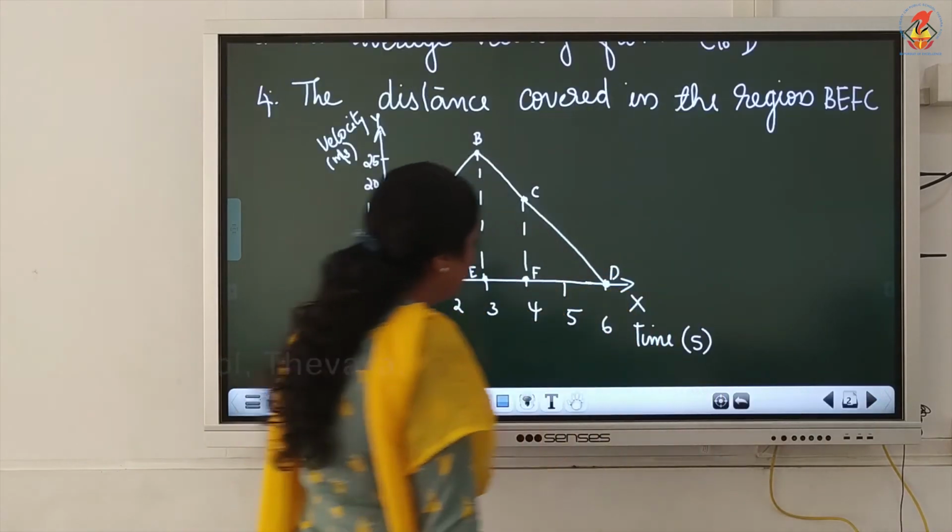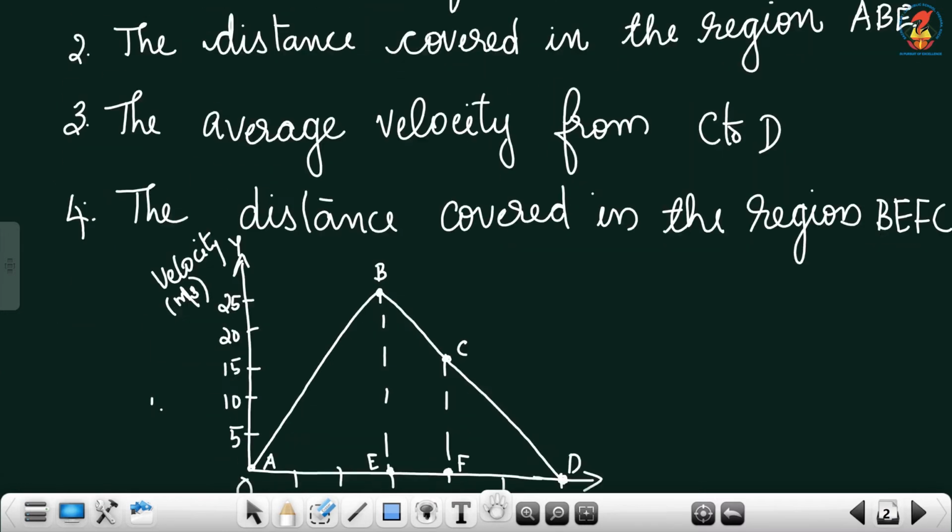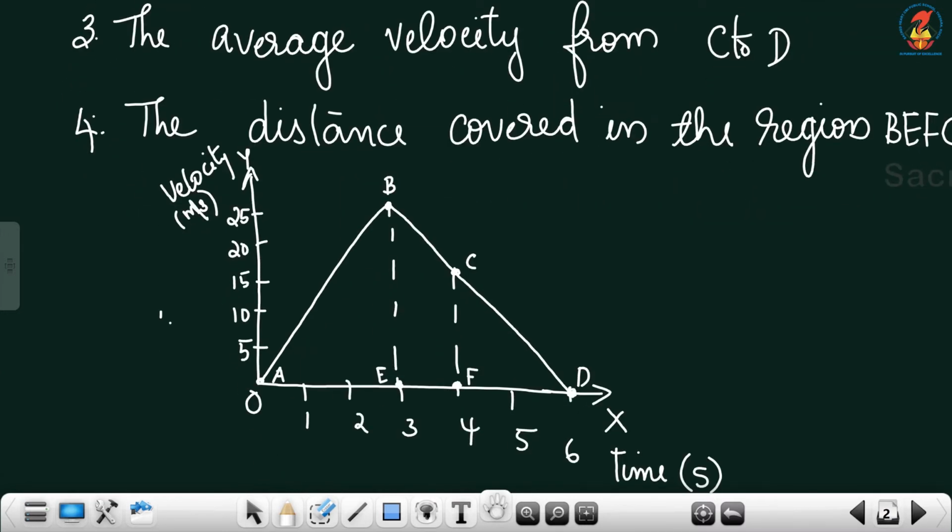Now, second one: study the velocity time graph and calculate the acceleration from A to B. This point is A, this point is B. So, what is the acceleration from A to B?